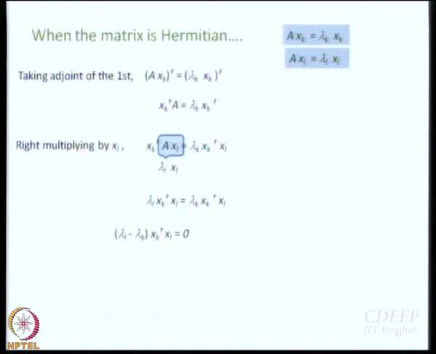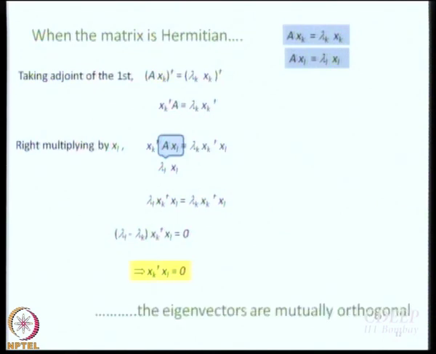Alright. So, what will be the next step? Xk dagger xl equal to 0. When? When lambda l and lambda k are not the same, right. So, if I write xk dagger xl equal to 0, will you allow me to write that the eigenvectors are mutually orthogonal, right.